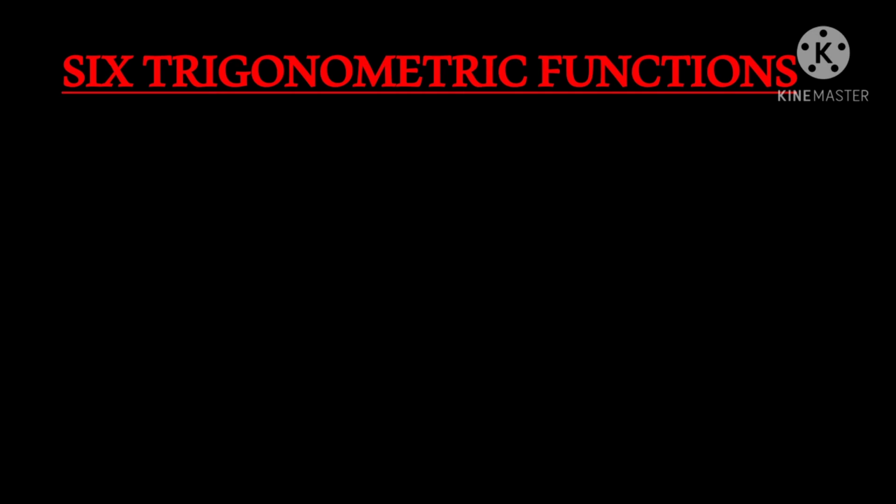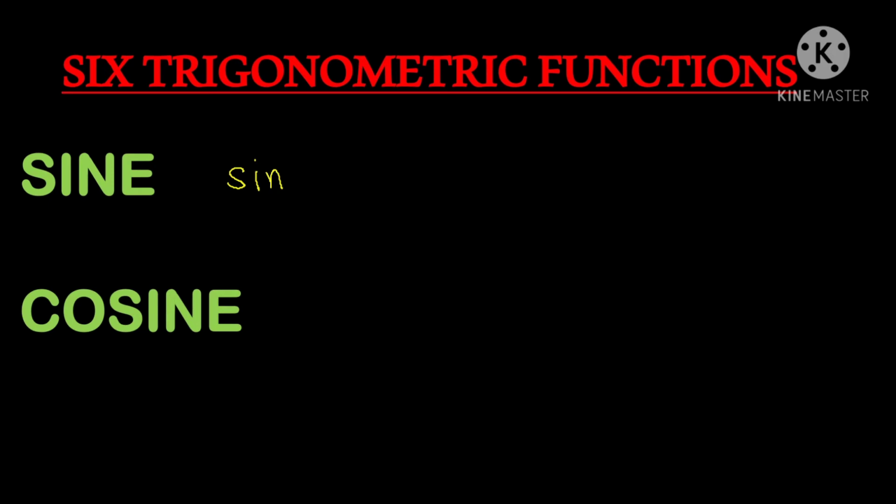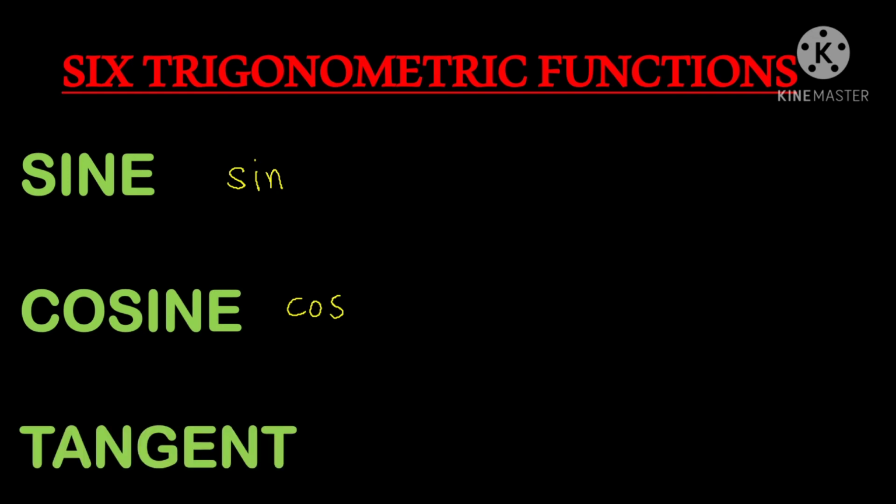Now, what are the 6 trigonometric functions after identifying where is the hypotenuse, the adjacent, and the opposite side? So, the 6 trigonometric ratios are the sine, sometimes abbreviated as SIN or sin. The cosine, abbreviated sometimes as COS or cos. The tangent, abbreviated as tan for tangent.